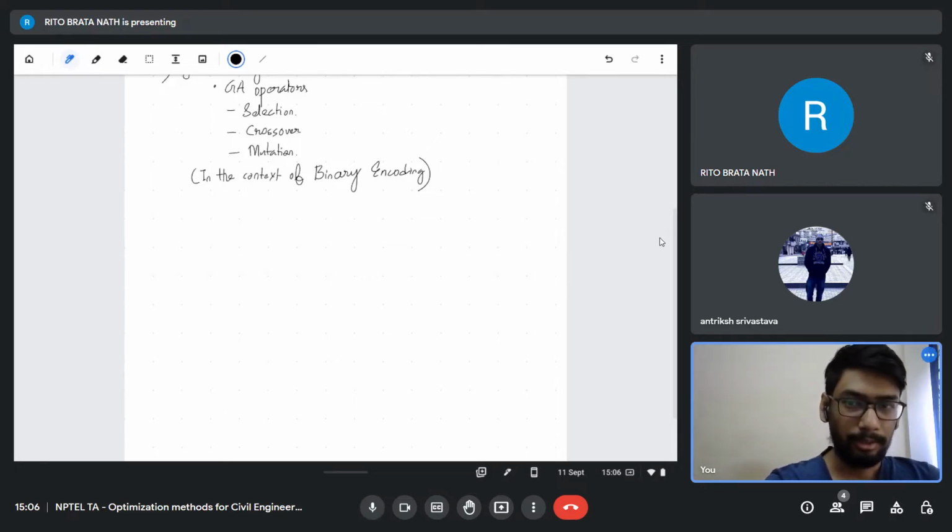Then we have seen in the case of unconstrained optimization problems that we used Newton-Raphson's method, or other techniques like region elimination techniques and so on. In that case also, you need to provide the optimizer with certain information, like a starting point, and you optimize your function from that initial point. If you want to find the global optima, it's not guaranteed that you will get it.